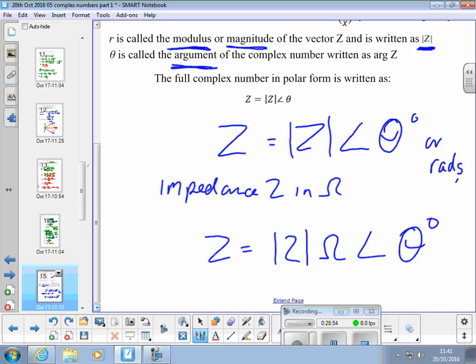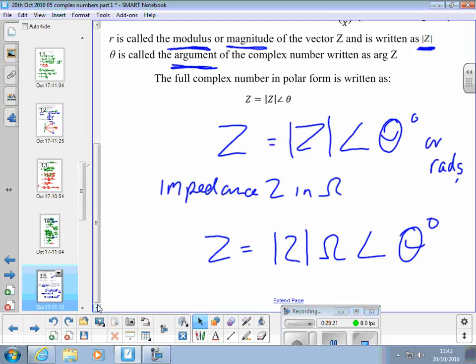The units go between the magnitude and the angle symbol. So that's how we write it, and that's how polar form of these angles work.